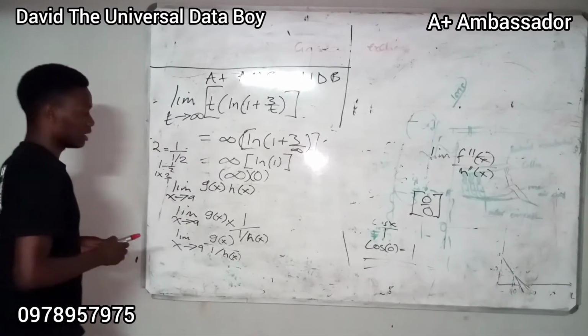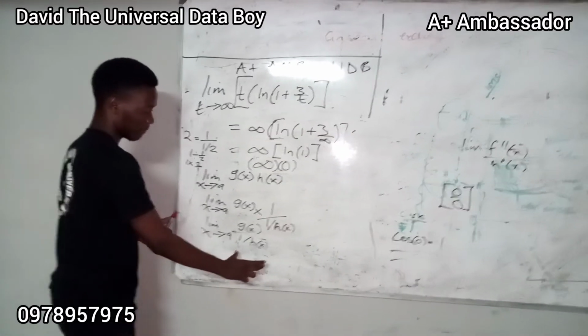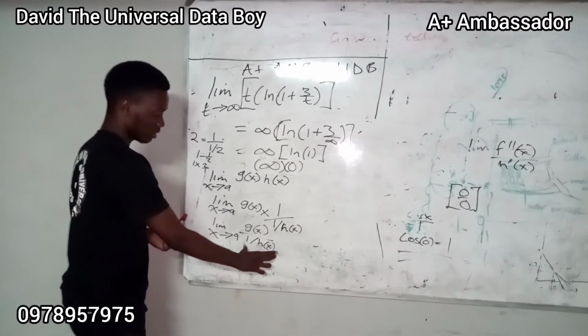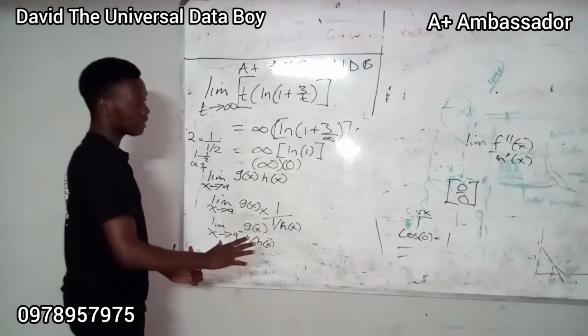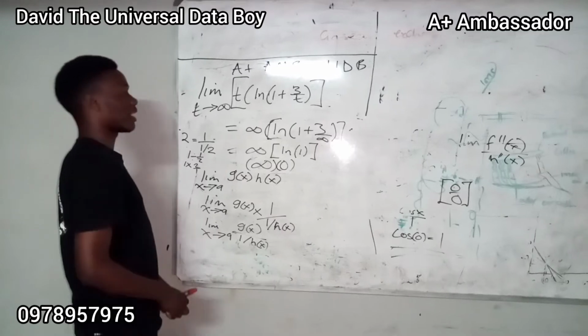So you can put any function in the denominator, but it has to make sense. It has to be something that can easily be differentiated when you put it in the denominator. Then when you apply the L'Hopital's rule, you're going to be differentiating this one and this one, because now you actually have a quotient.